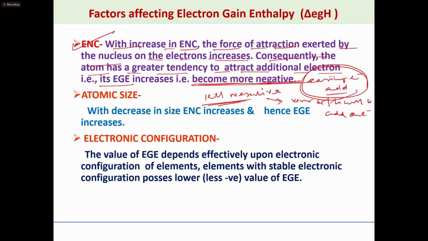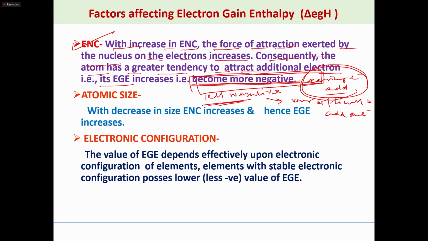So when we compare these two electron gain enthalpies, the more negative value means that one electron will be added easily to the valence shell of the gaseous atom.